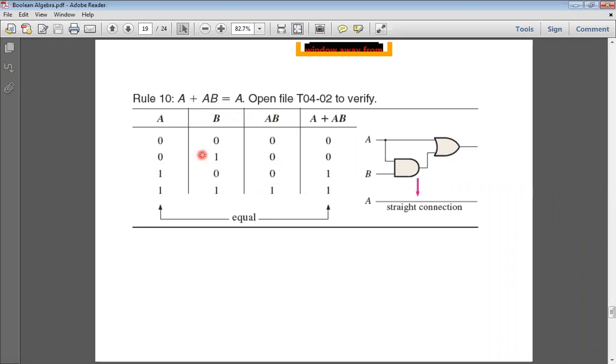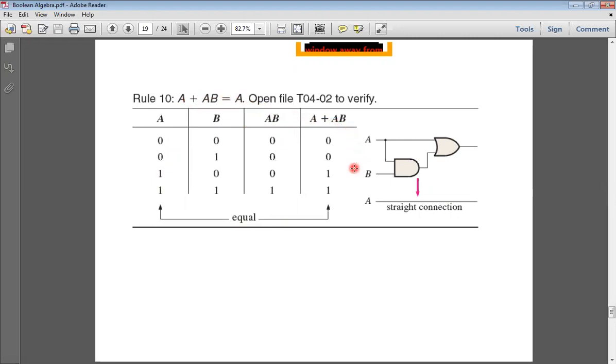This type of verification is not possible in normal algebra. You cannot prove or validate an expression with the help of a truth table like this. It is unique to Boolean algebra, where the input combinations are very limited. If it is a normal variable, then A can take any real number, B is also a real number, so there are infinitely many real numbers.